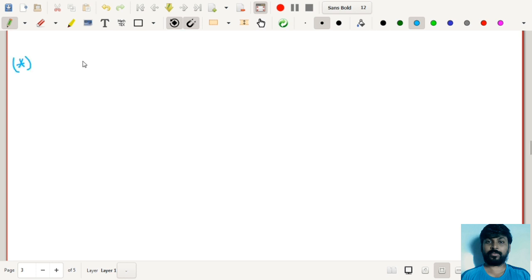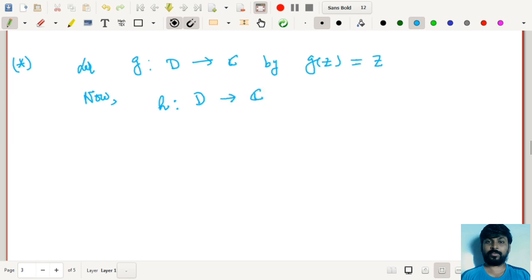First we define a function g from D to C by g of z equal to z. This is the identity function on the unit disc. Now we define another function h from D to C by h of z is f of z minus g of z.